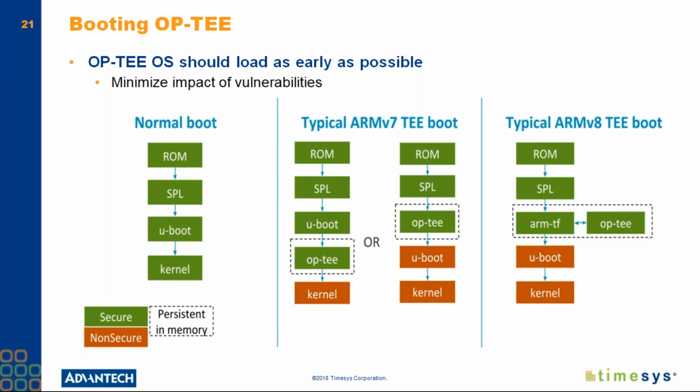Whenever the Linux kernel needs to avail services from Opti, it would have to context switch back to the secure world. Data can be shared back and forth using pointers and common memory, which is accessible both by the secure world and the normal world.